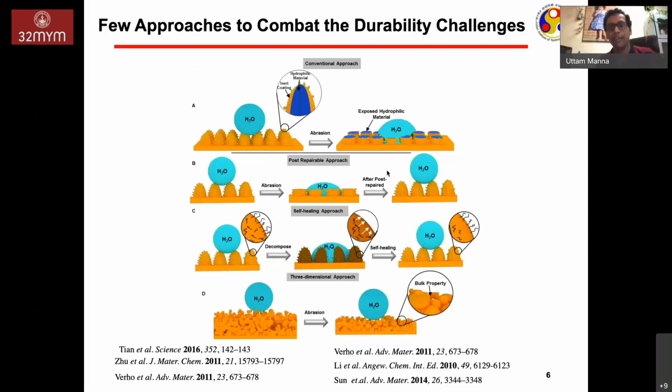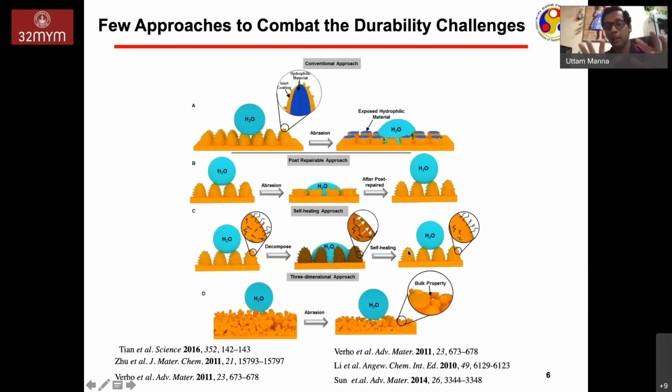Then another approach came, which is the self-healing approach, where you have a porous framework or porous film, and in the bulk, you can load more low surface energy small molecules, so that once the top interface is damaged and the chemistry is compromised, then under high humid conditions or even elevated temperature, those small molecules trapped in the bulk of this coating can diffuse out, and it can give the chemical optimization on top again.